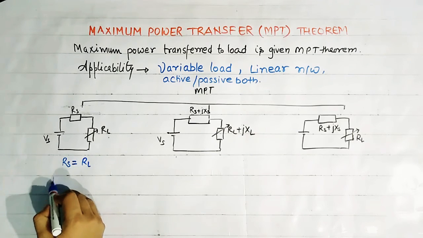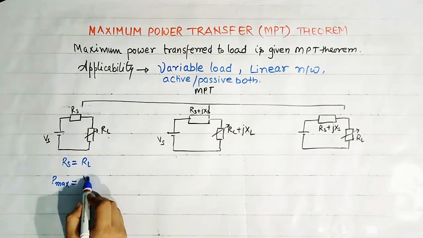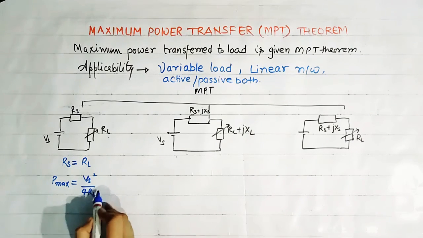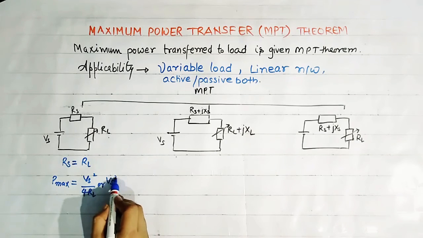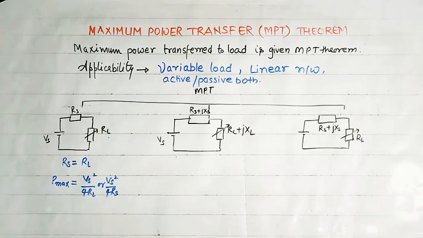And the maximum power transfer is equal to Vs square by 4RL or Vs square by 4Rs. And here one more important point you must remember, that the efficiency of the circuit at maximum power transfer is equal to 50%. You can also derive it.